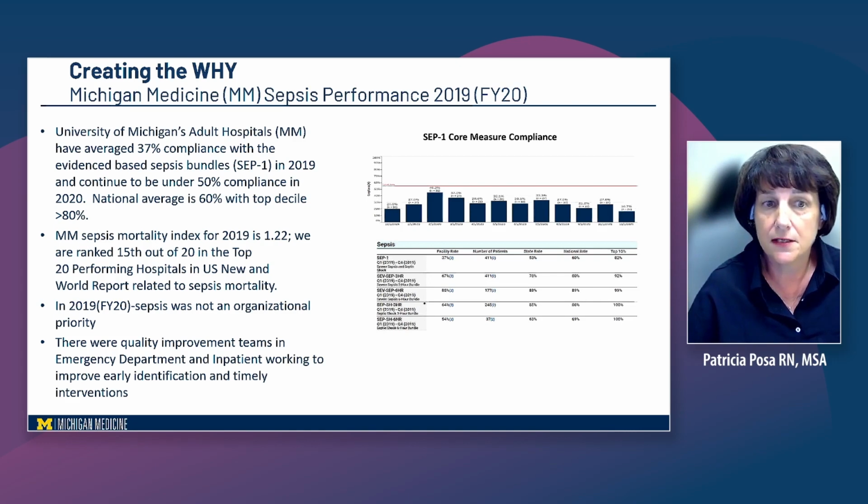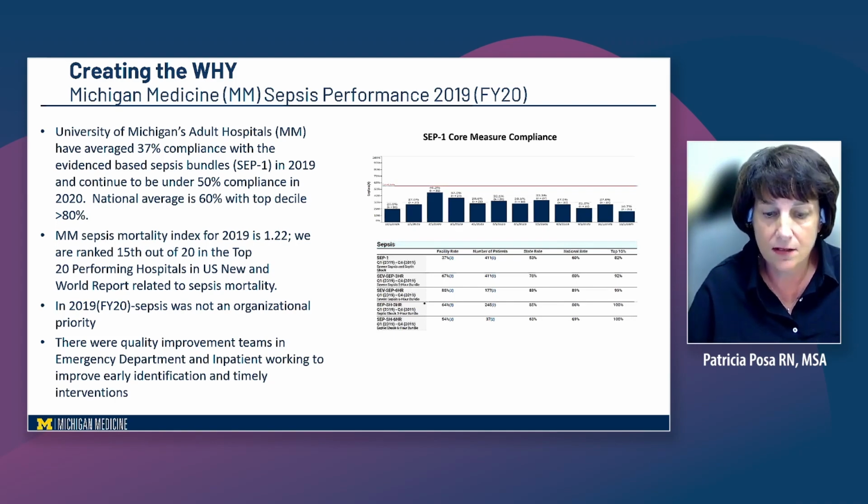In 2019, sepsis was not an organizational priority. We had quality improvement teams in the emergency department and inpatient, as well as in transitions between inpatient and outpatient, to help with early identification and timely interventions. But it wasn't enough.